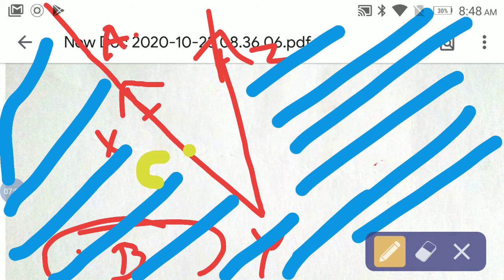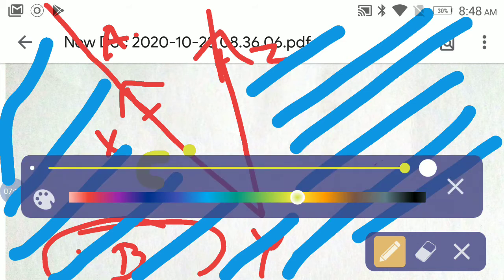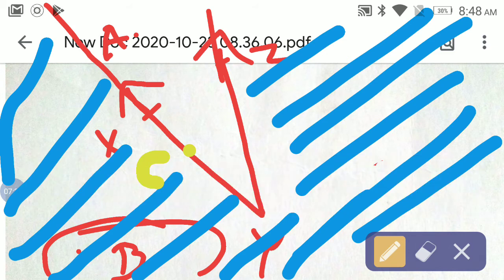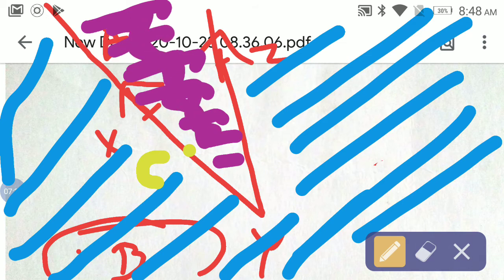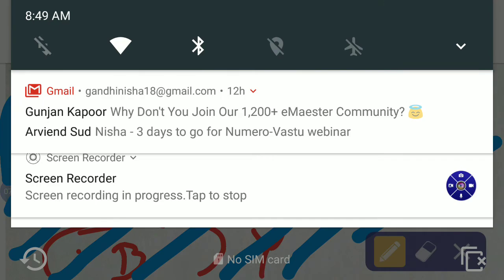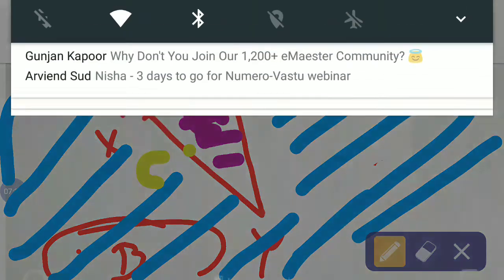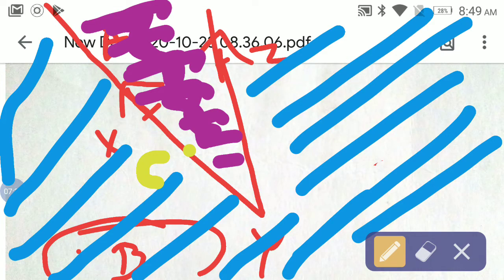Then one important thing is there, that the whole interior part, if this is your interior part, then the interior part as well as the boundary, both together are called a region.